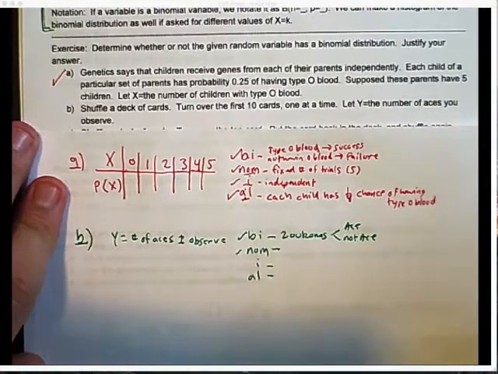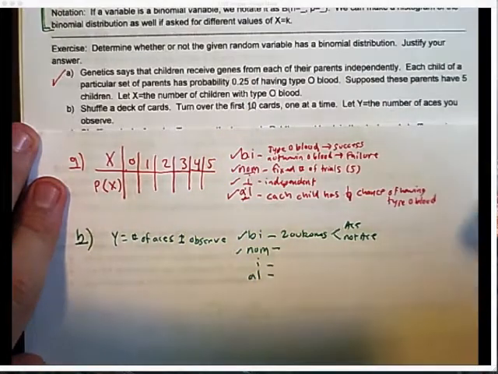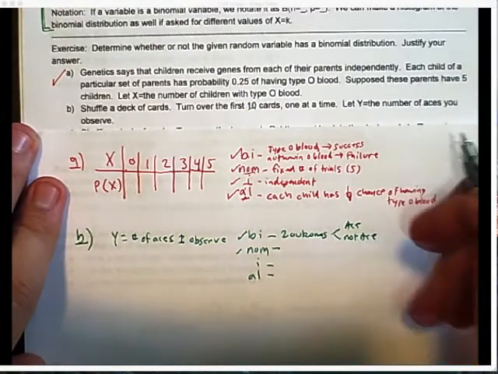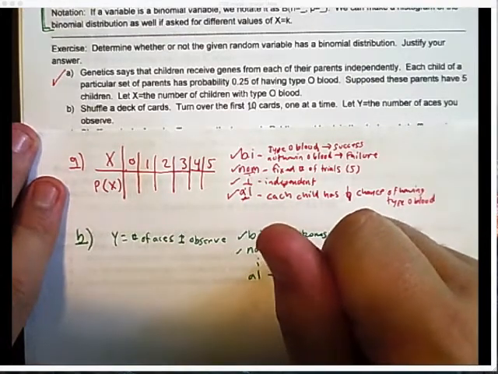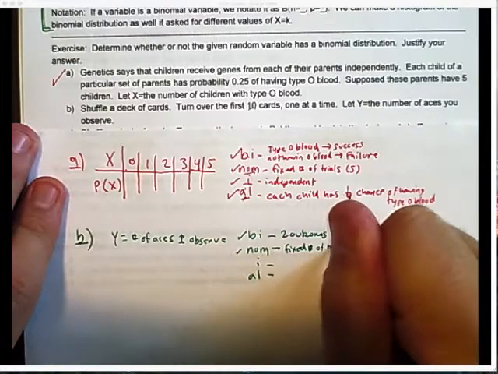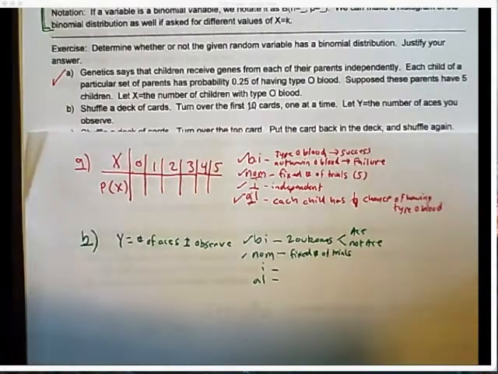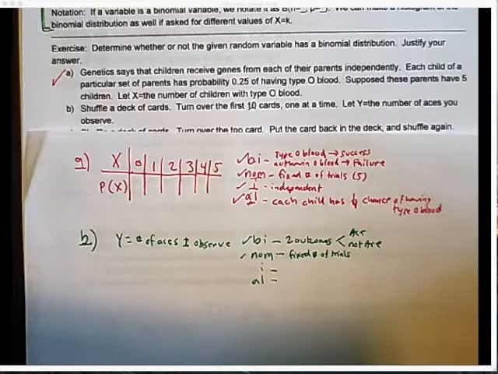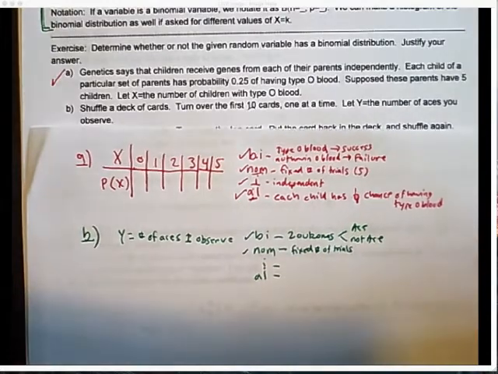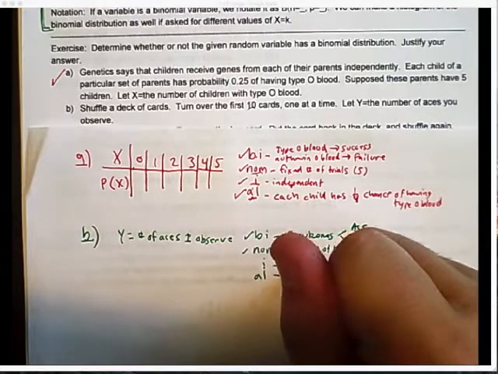Do we have some sort of fixed number of trials? Well, it tells me here that I'm going to turn over the first 10 cards, so yes, we've got a fixed number of trials. Is each card independent of the next card? Not really.